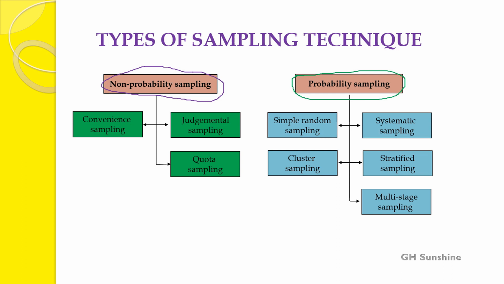Second is judgmental sampling. And last one for non-probability sampling technique is quota sampling. Meanwhile, for probability sampling, we have simple random sampling, then systematic sampling, cluster sampling, stratified sampling, and number 5 is multistage sampling.